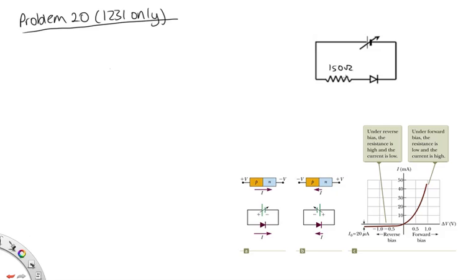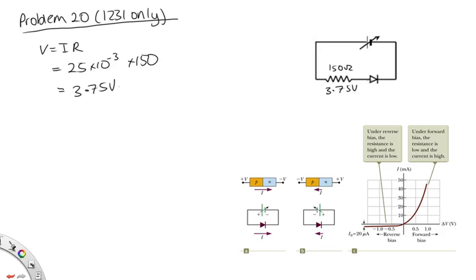So we can work out the voltage drop across this resistor just using Ohm's law. V is equal to IR, and I is 25 times 10 to the minus 3 times 150. And so this is equal to 3.75 volts. So we've got a voltage drop of 3.75 volts across our resistor here.